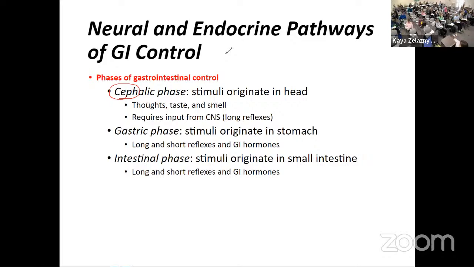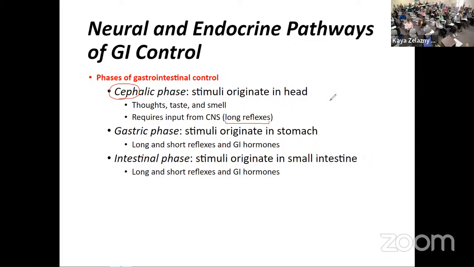So when we are thinking about things that are under cephalic phase control, we're going to be thinking about long reflexes, because we're going to have signals traveling from your head to your GI tract, to your GI system. We'll talk about what long reflexes and short reflexes are in a bit. But we're going to have to travel a long way if we're getting from our head, so we can know right off the bat that these are going to be long reflexes.